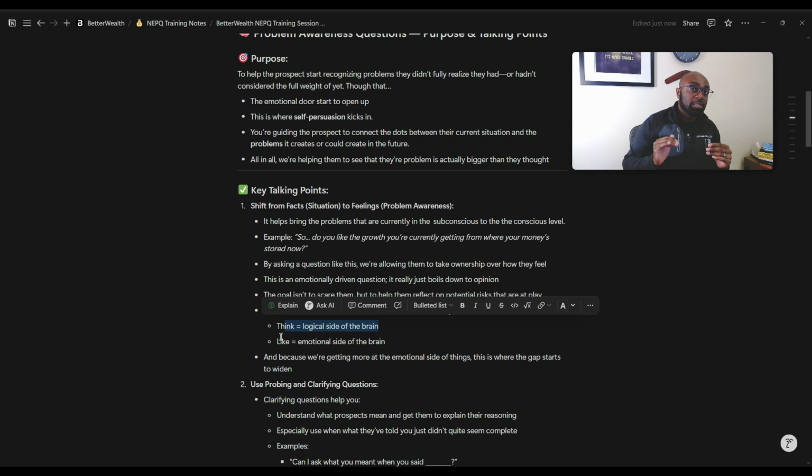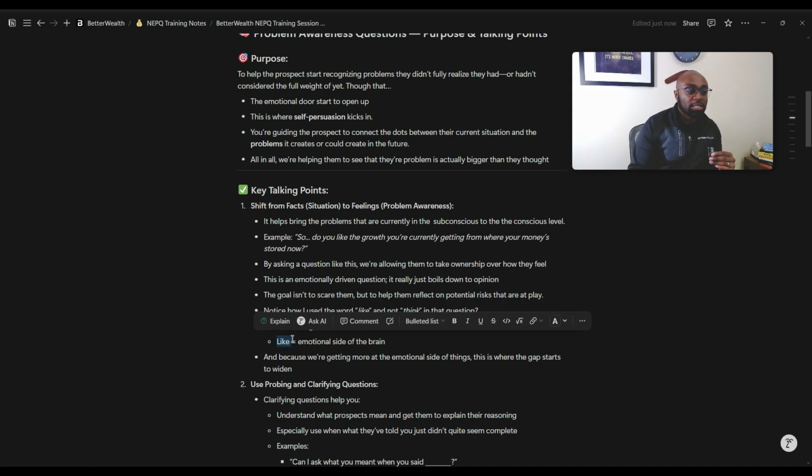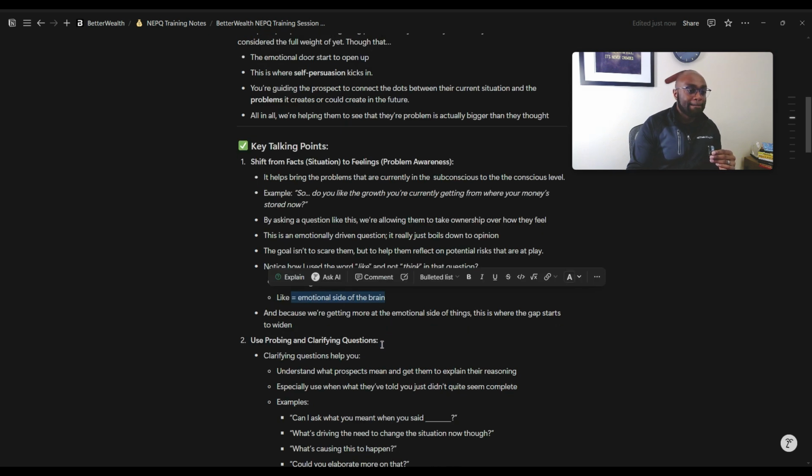The engagement stage is mostly about the emotion, especially once we get into problem awareness. So we want to start to delve deeper into the emotion. By swapping a simple word out for the word like instead of think, we then are getting into the emotional side of the brain. We're starting to delve into that, right? And because we're getting into the emotional side of things, again, that's where the gap really starts to widen. Okay, hope that makes sense.